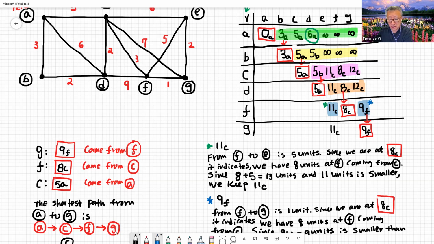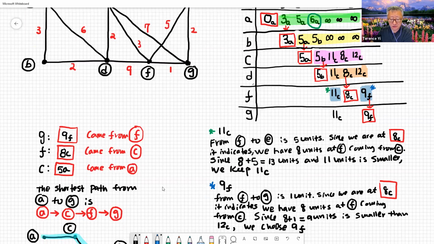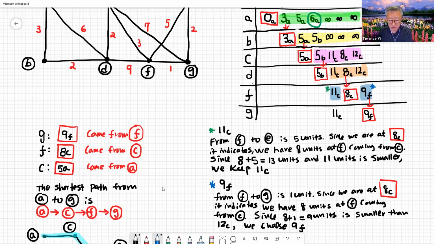I'm coming from G, then I have to go to the F. Then the F column is telling me I need to go to the C. Okay, so then I go to the C. Then the C column tells me that I need to go to A. So it's the shortest or fastest path. Maybe I should rewrite this here. So where are we? Oh, backward. Okay, so here I'm going to erase this. The fastest path, I mean.